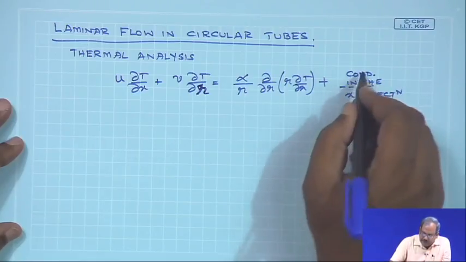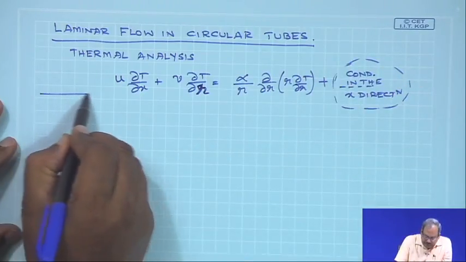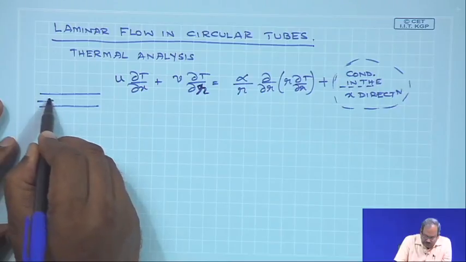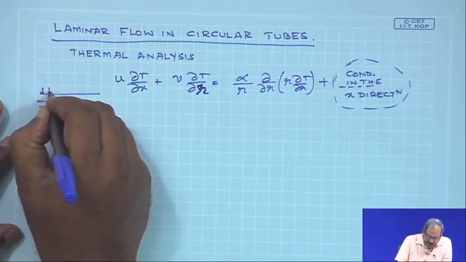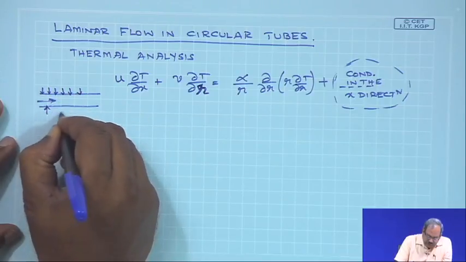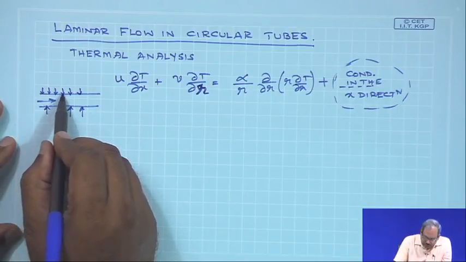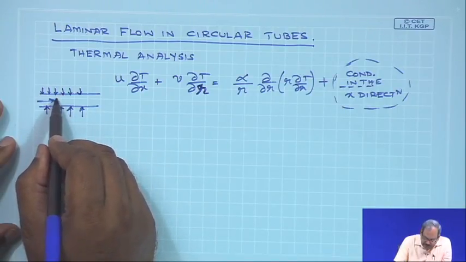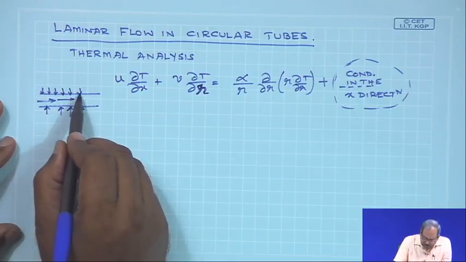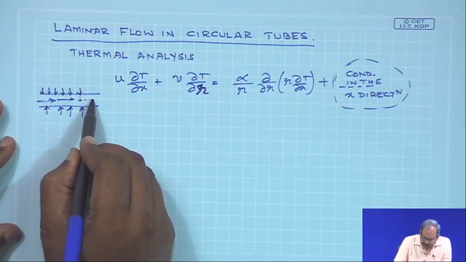So, there would be a term for that as well, but consider a tube where flow is taking place and heat is being added either in the form of a constant heat flux or due to an elevated temperature. Most of the heat is transported in the r direction by conduction, and in the x direction the principal mode of heat transfer is going to be convection.